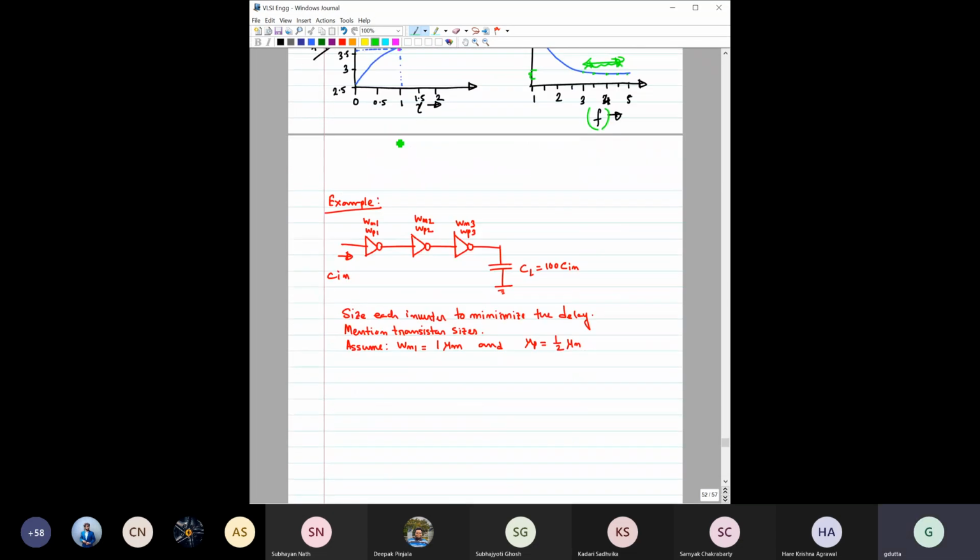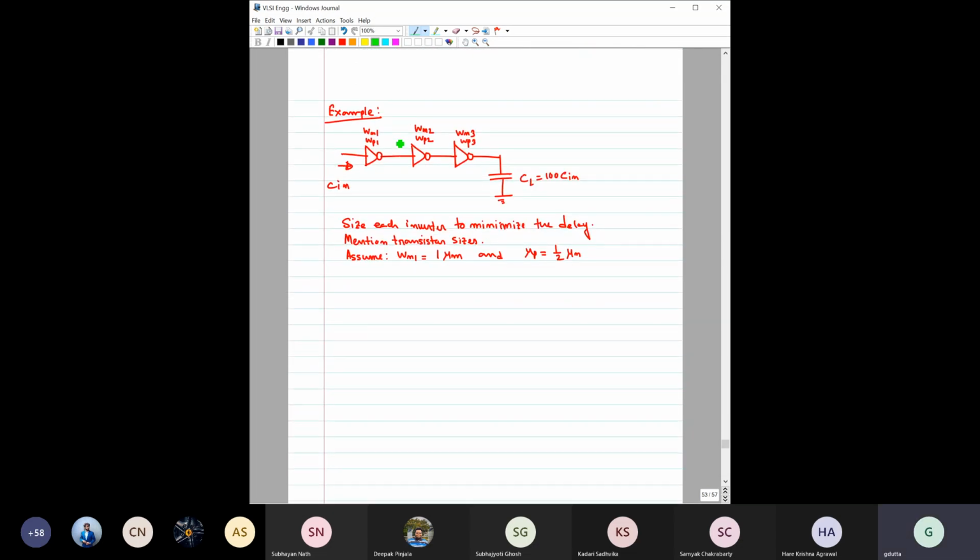Okay, so then let us try to do one example. Here we are not choosing the total number of n, because it is already given that the total number of inverters is n equal to 3. It is C in, and CL is given as 100 of C in, right?